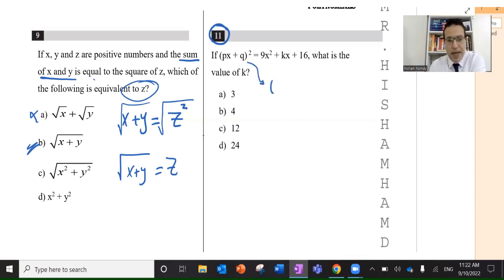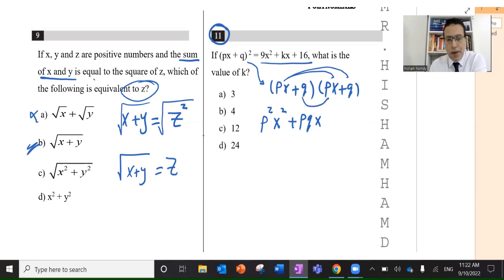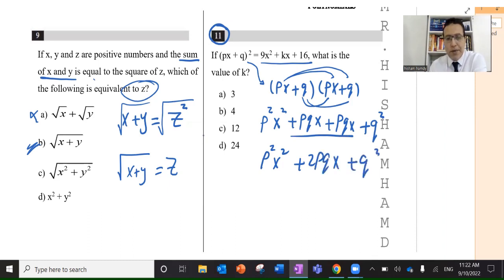So I've got to expand (px plus q) times (px plus q) and compare the answer with the answer given. px by px is p squared x squared. px by q is pqx. q by px is pqx, plus q squared. So it's p squared x squared plus 2pqx plus q squared.